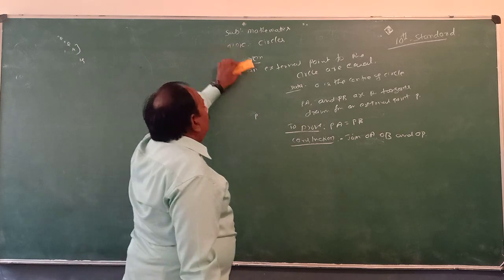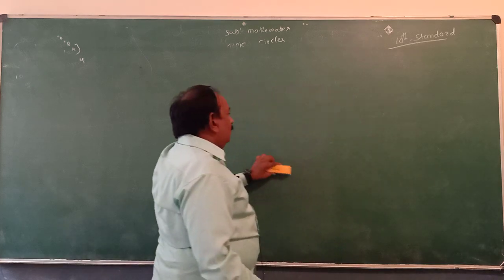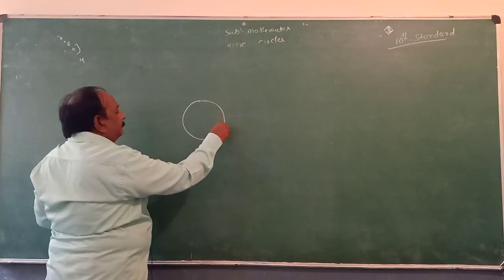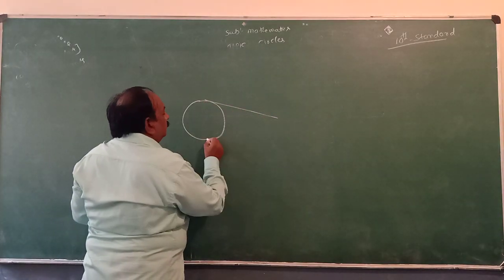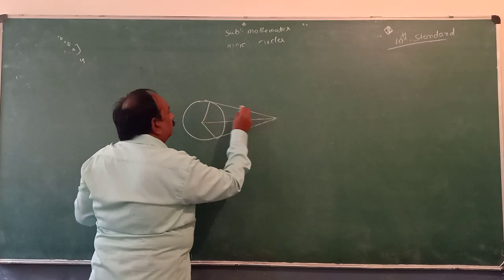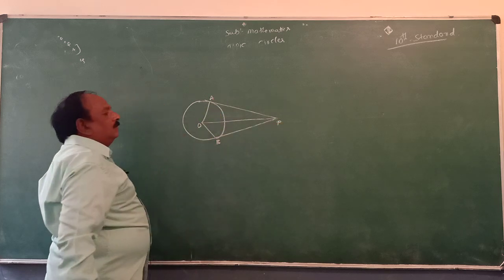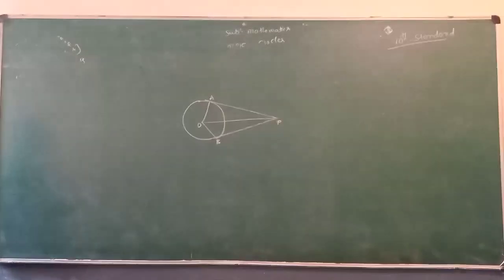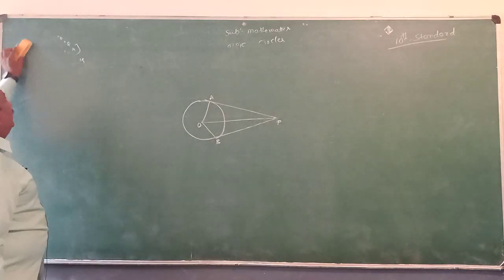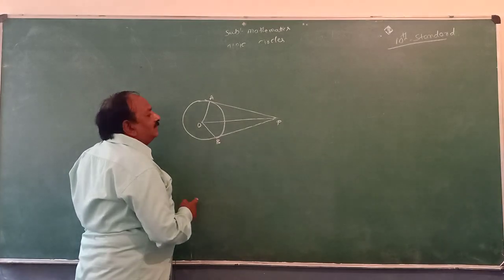Under this theorem, we have some other concept we are going to understand. Tangents drawn from an external point to the circle are equally inclined to the line joining the external point and the center.